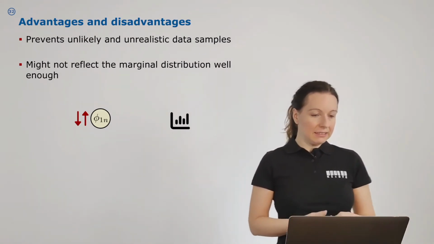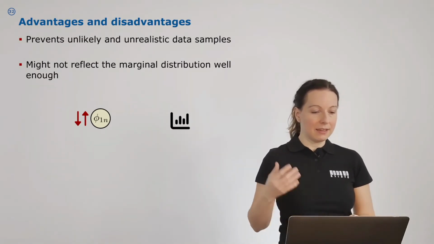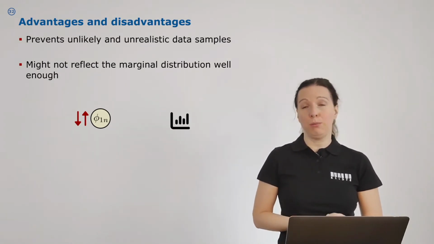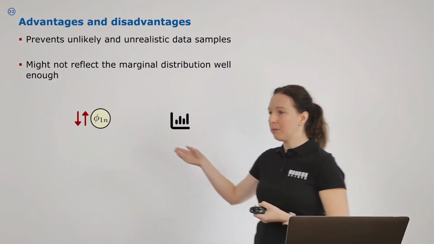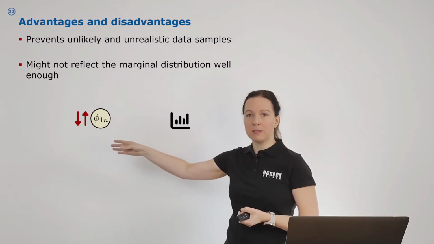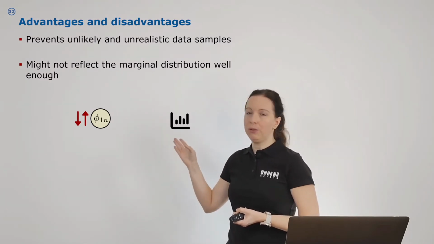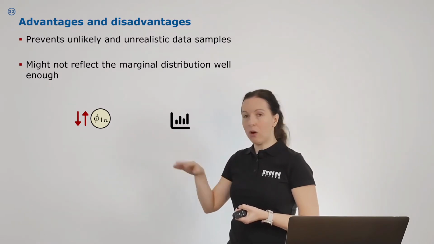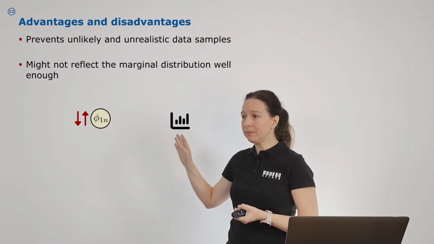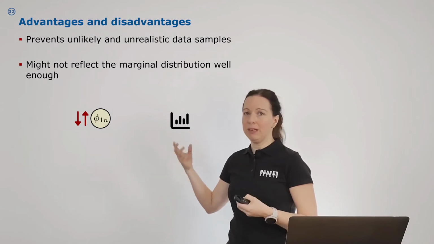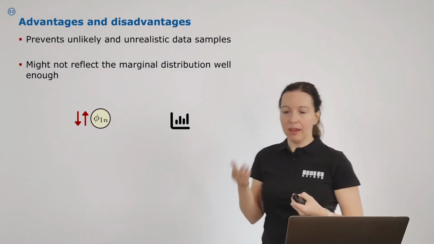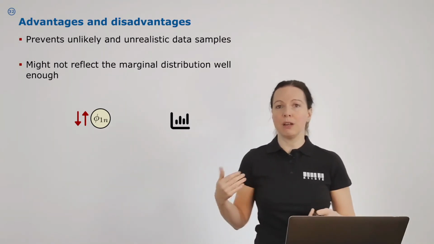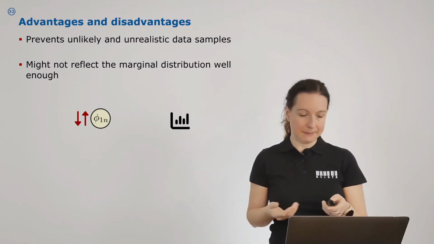A disadvantage is that you might not reflect the marginal distribution well enough. When you add noise, sometimes it might be reasonable, but if your feature values have a very complex distribution, adding noise might not really reflect how this feature would behave. So you get a wrong, misleading impression of how important a feature dimension is.